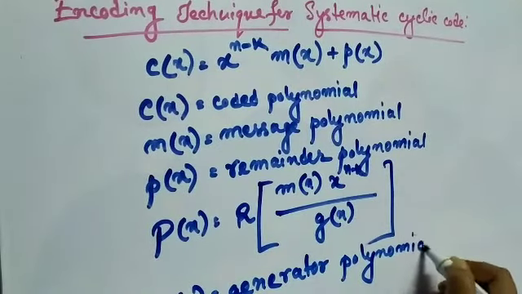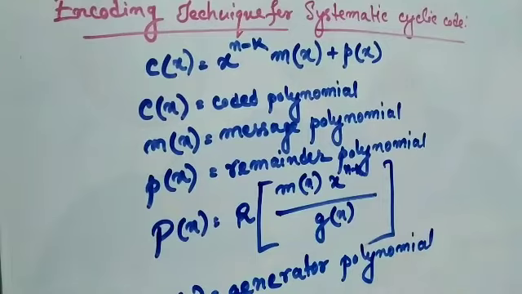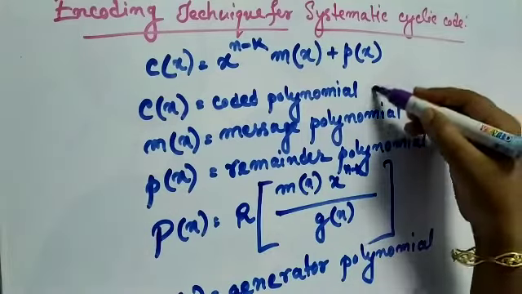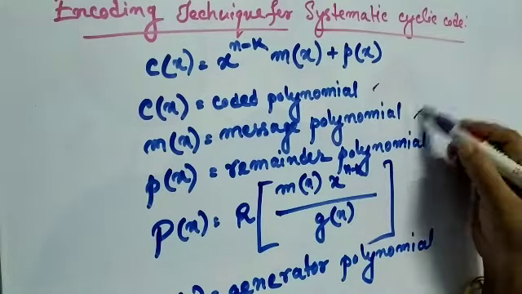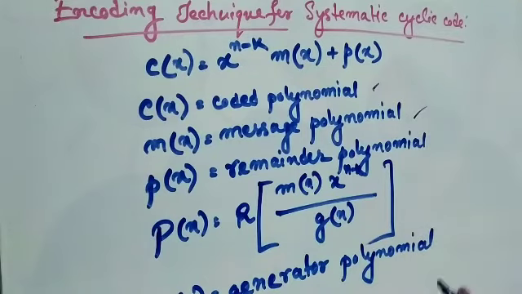In our last class, I discussed the coded polynomial. That means what is the coded polynomial, what is the message polynomial, and what is the generator polynomial. Hope you remember all that. So in this class, we'll first learn the remainder polynomial.